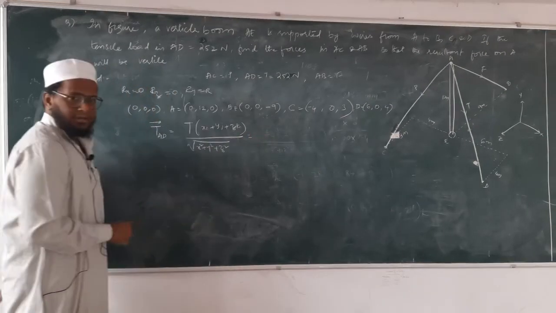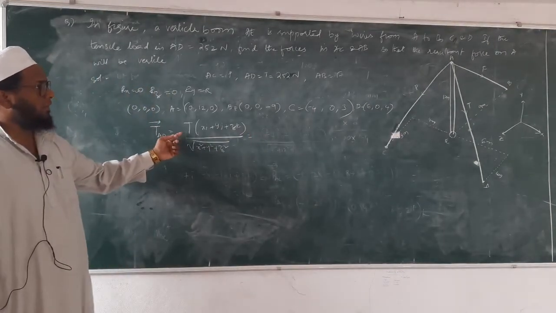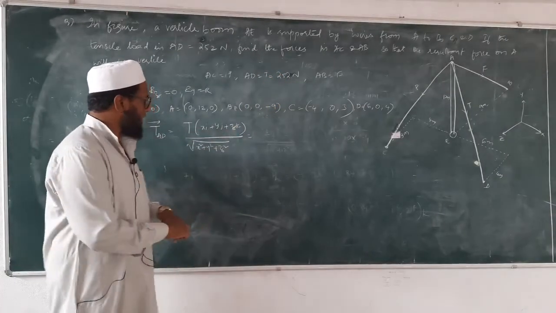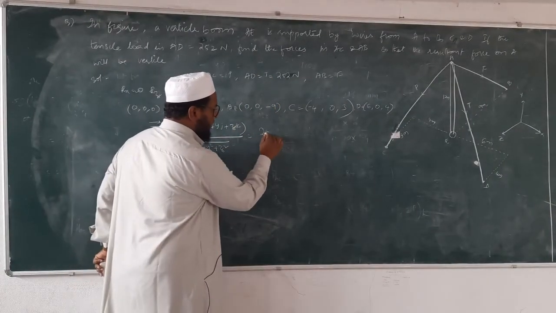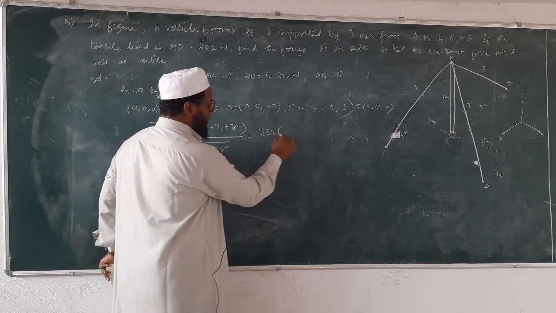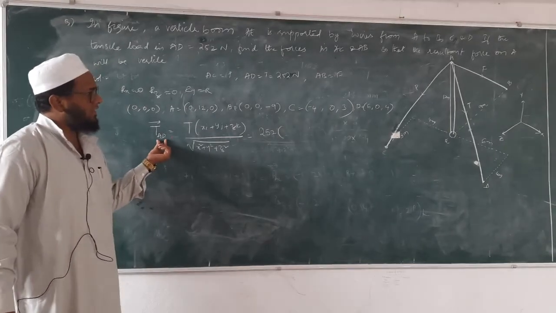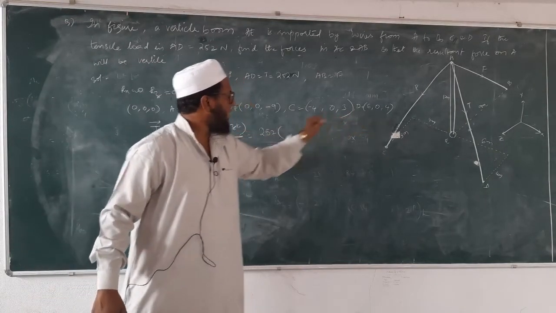Now see here, we know the value of T. What is the value of T? We have 252 newtons, isn't it? So 252 into xi. So we have to do D minus A. Where is D?